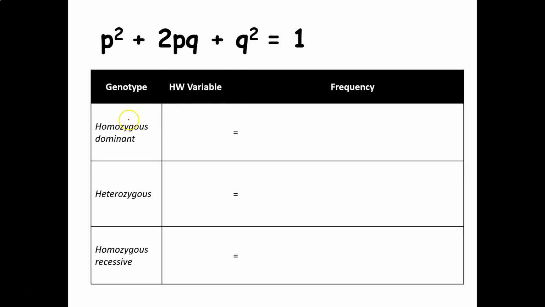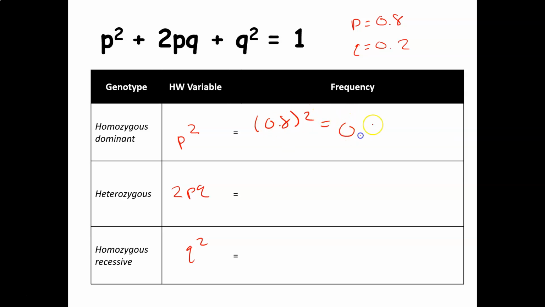Okay, now I can figure out the frequencies for my genotypes. My homozygous dominant is p squared, this is 2pq, and this is q squared. We figured out that p equals 0.8 and q equals 0.2, so let's plug in those values. If p squared is 0.8 squared, I come up with 0.64 or 64%.